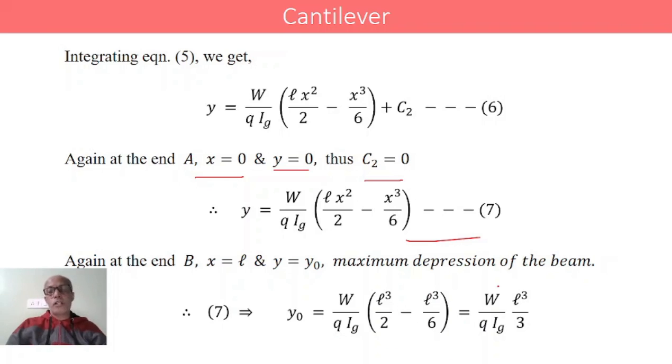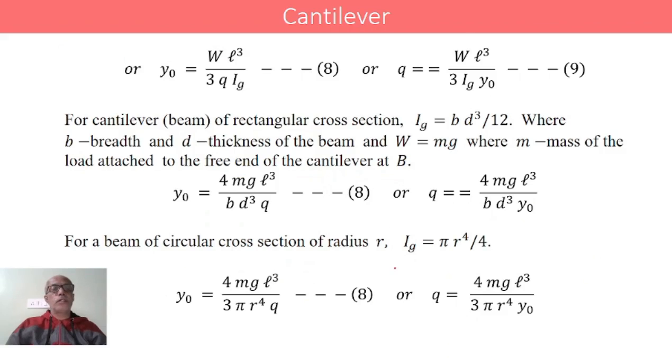Simplifying, we get W by Q Ig into L³/3, or y naught equals W L³ by 3 Q Ig, or Q equals W L³ by 3 Ig y naught.